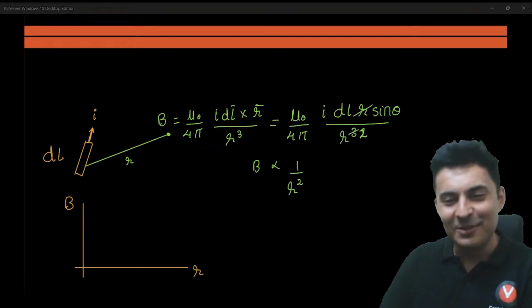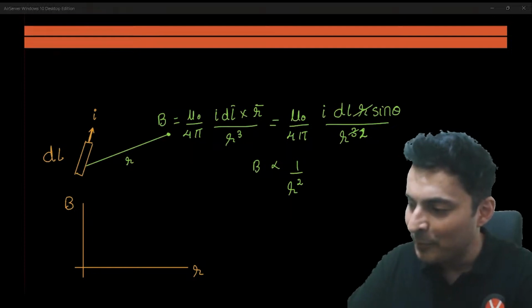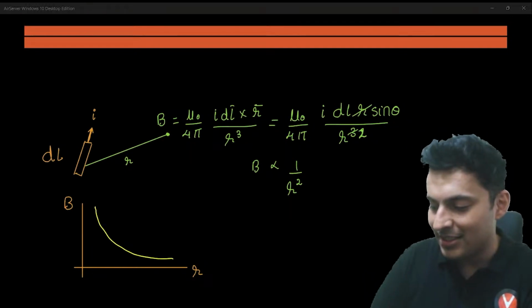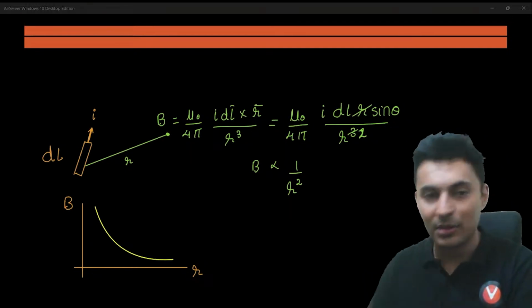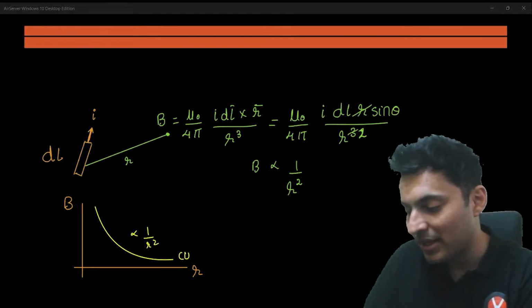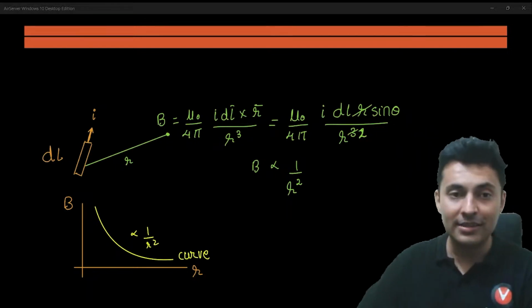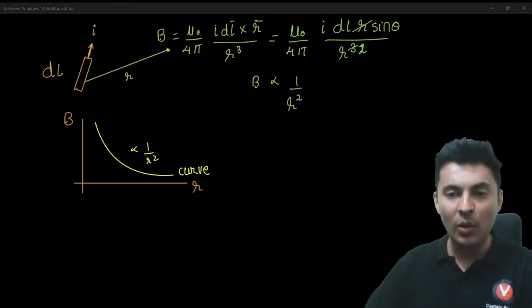Keep that in mind. Inversely proportional to R square, right? So that is the reason why you will see the graph will just be some random curve. It's just inversely proportional to R square. It's a curve. It's not a hyperbola.